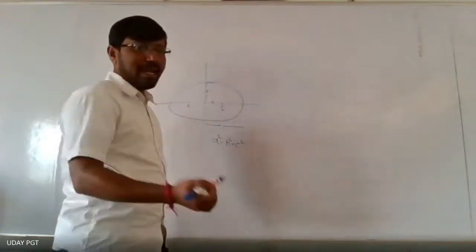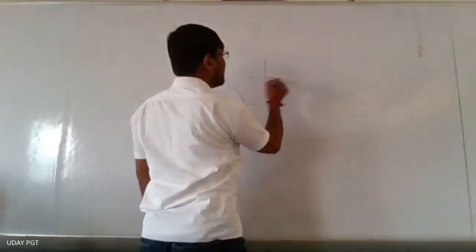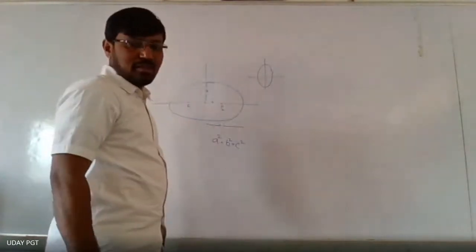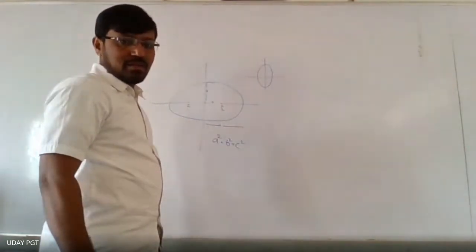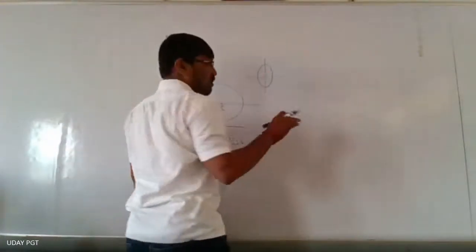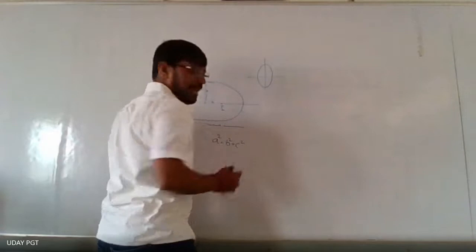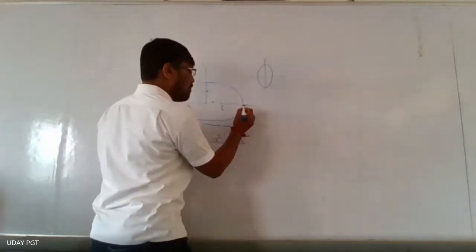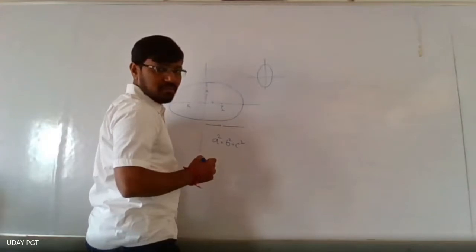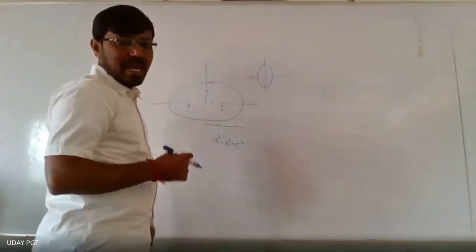Even when you take the ellipse in the case of the major axis as this one, what are the coordinates of this point? Can anyone tell me? Ellipse.